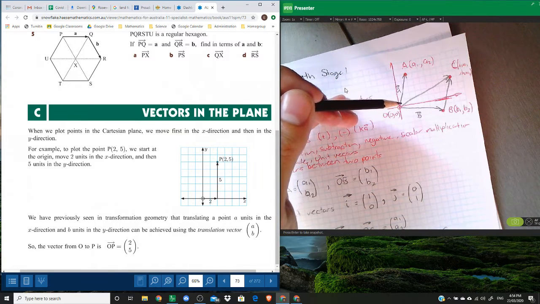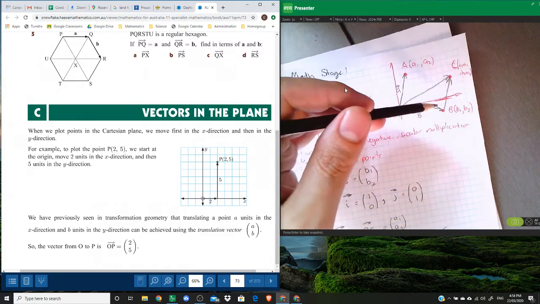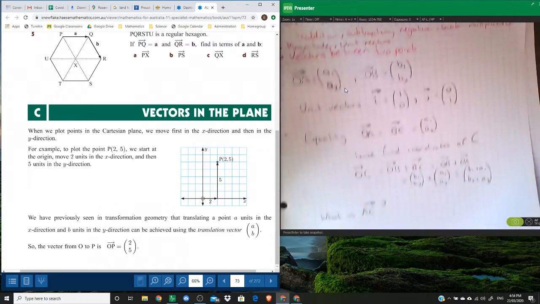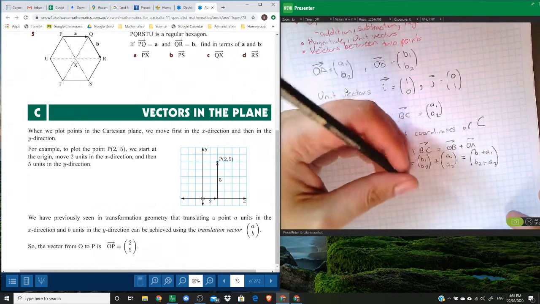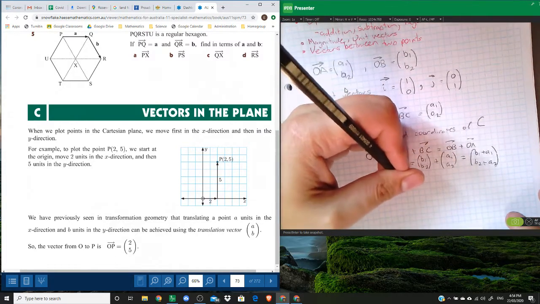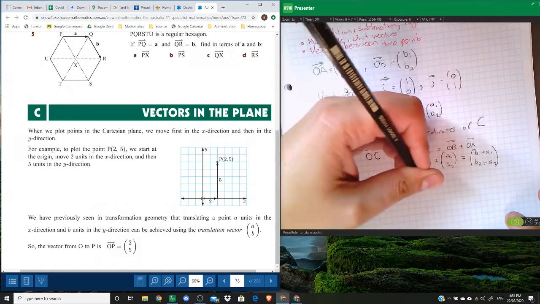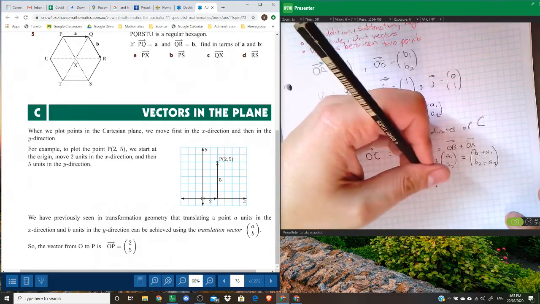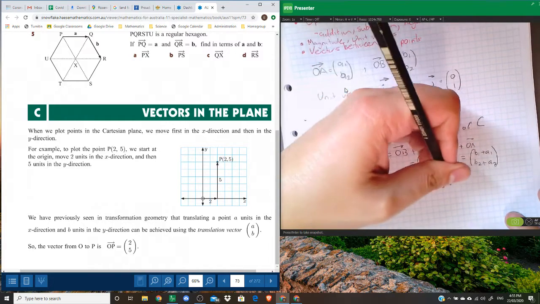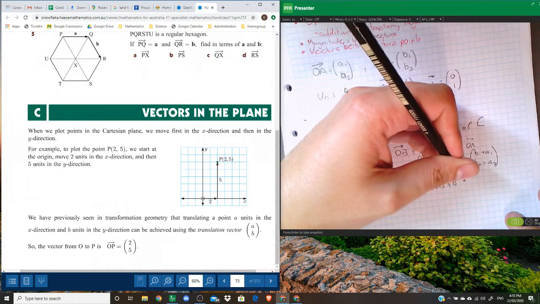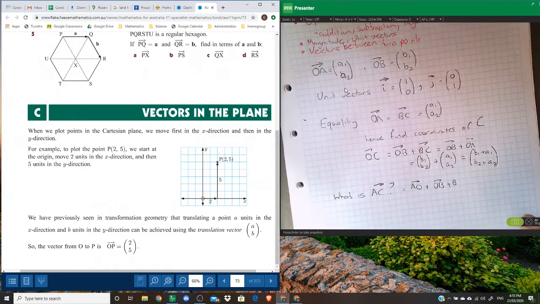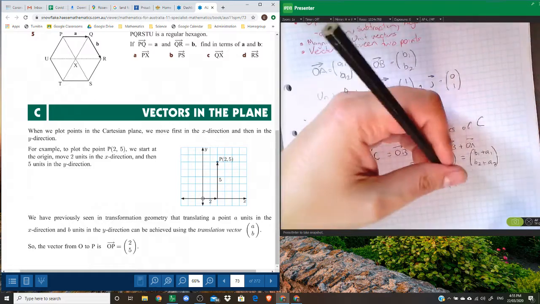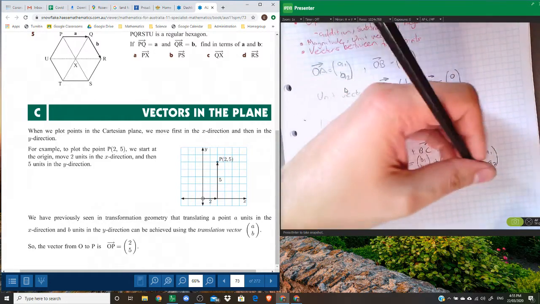So I have to travel from A to O, plus O to B, plus B to C. Actually, no, I don't need to do that anymore because I've already worked out O to C.